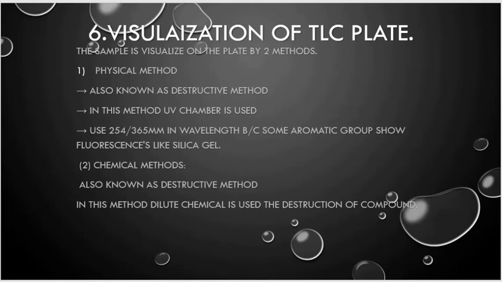In the physical method, a UV chamber is used, with a wavelength of 254 to 365 nanometers, because some aromatic groups show fluorescence, like silica gel, and silica gel is what is used in TLC, so it has a fluorescence, a shining light. In the chemical method, we use dilute chemicals for destructive visualization. This was the visualization of the TLC plate.